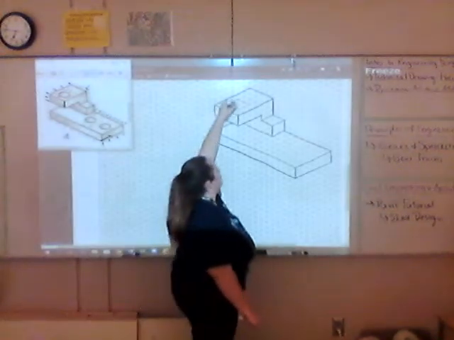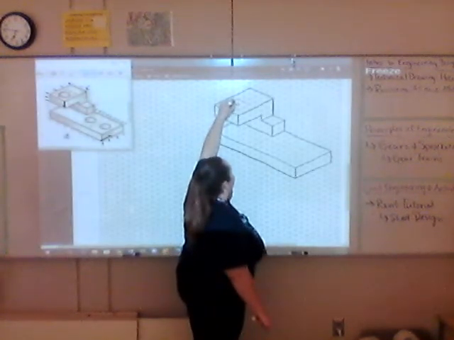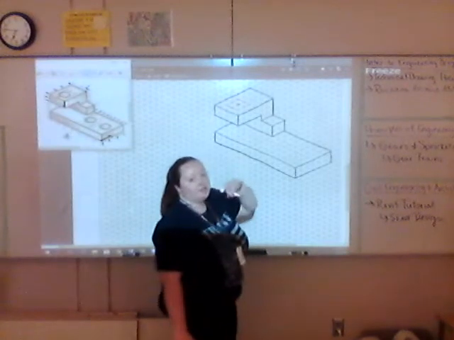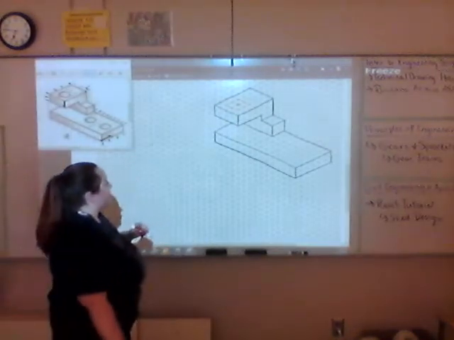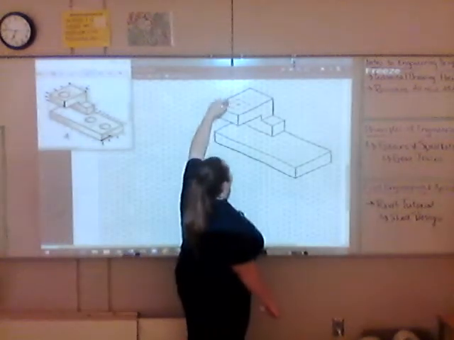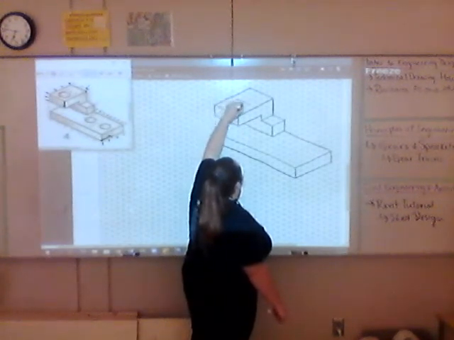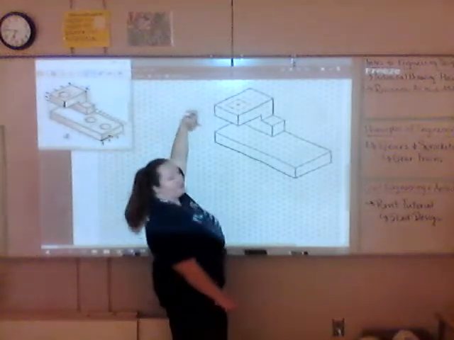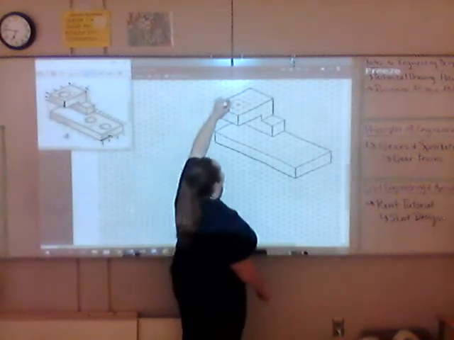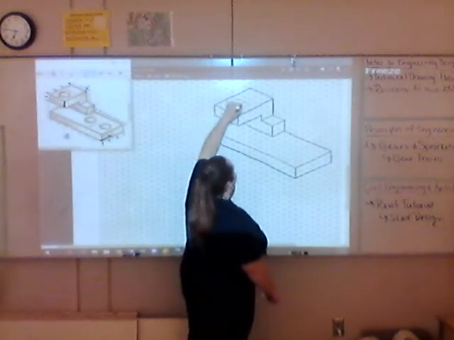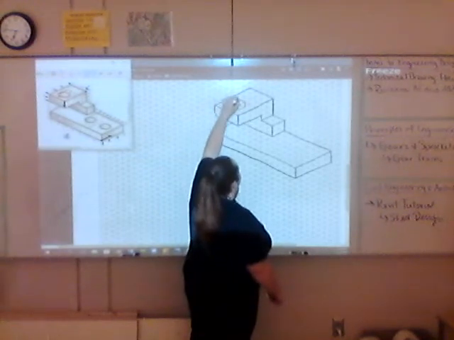So that means we're going to have a crosshair on the front to back and left to right lines of the triangles on the ISO paper. And then from there, I've noticed that it really helps students to draw little dots lining up with the crosshair on that square to help create their circle, like so.